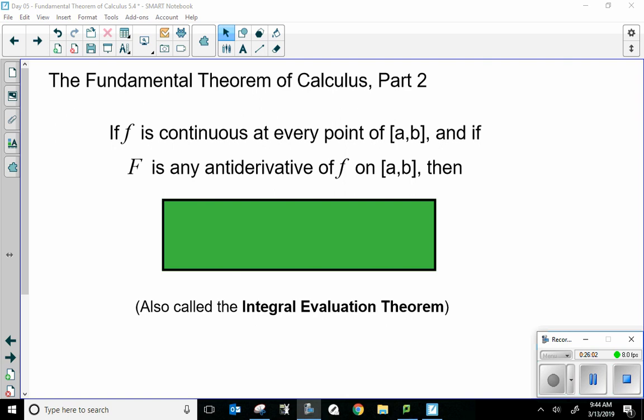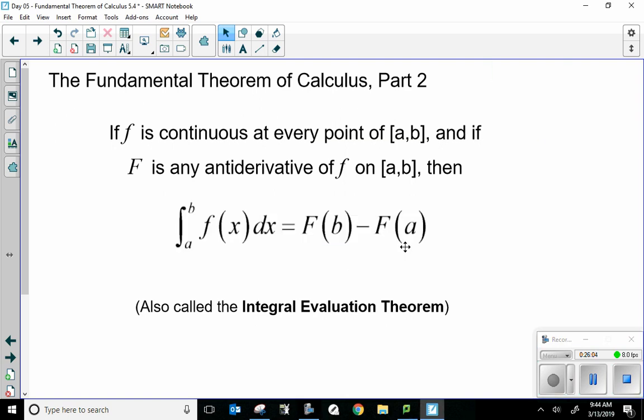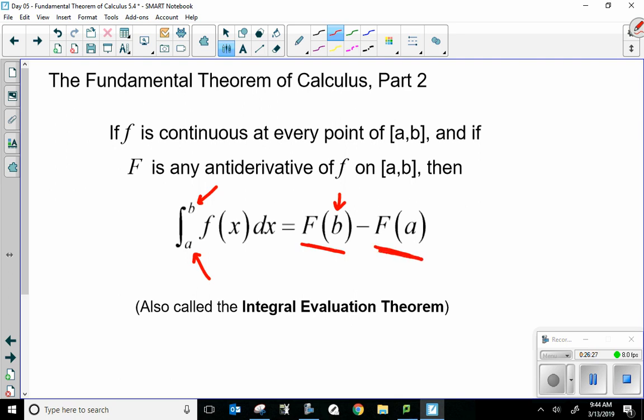Then whenever we integrate a definite integral, which means it has an upper limit and a lower limit, or upper bound and lower bound, I integrate this, and I put my b value in first, and I subtract the integration, putting in the a value. We know how to do this.